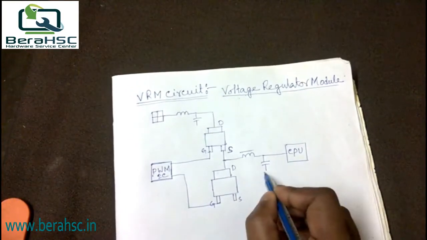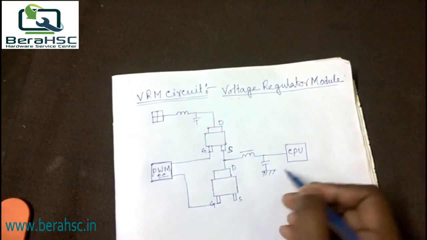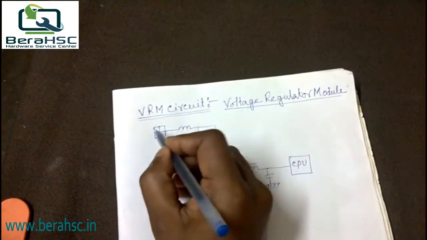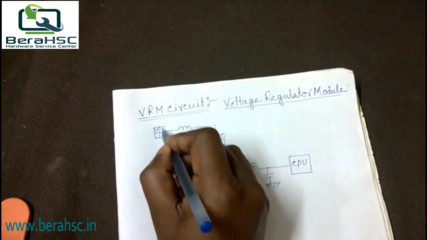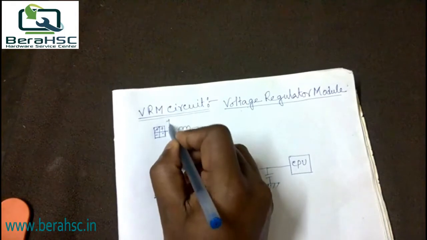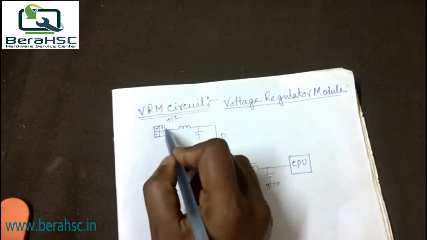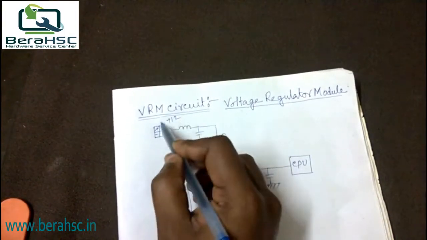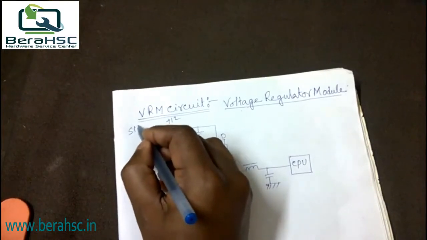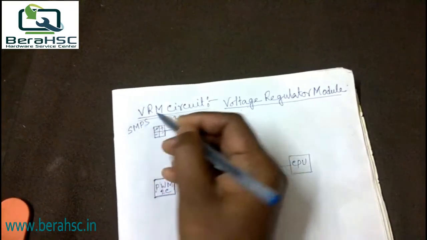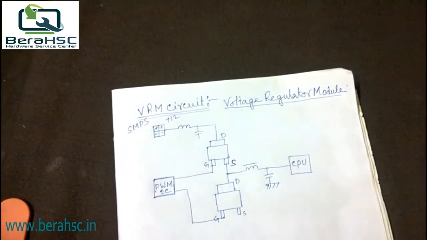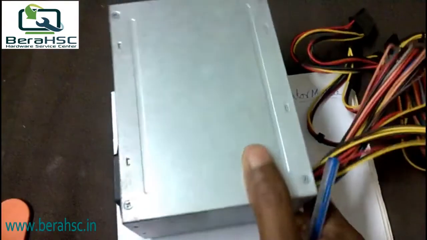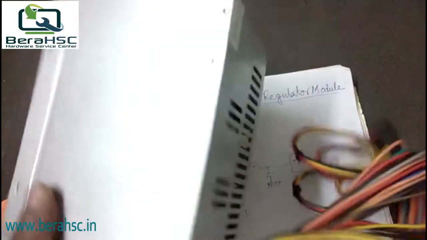So friends, this is the 4-pin 12-volt power supply, plus 12 volt. This 12 volt is coming from the SMPS. This is called SMPS.